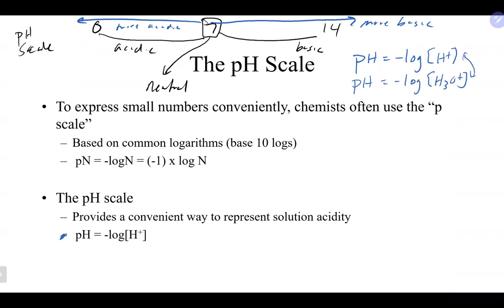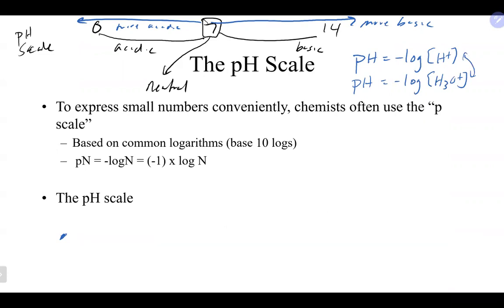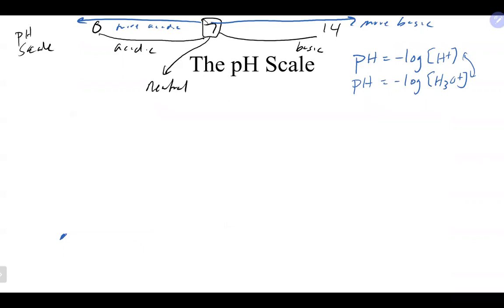Now, when we punch these into our calculators, depending on your calculator as to how you should punch it in, if you have a display calculator, you basically punch it in exactly the way it is, the negative button, the log button, and then your number using your exponent button.